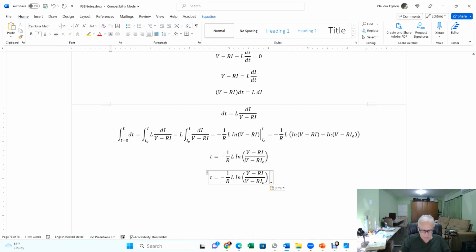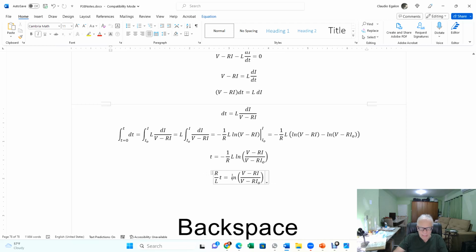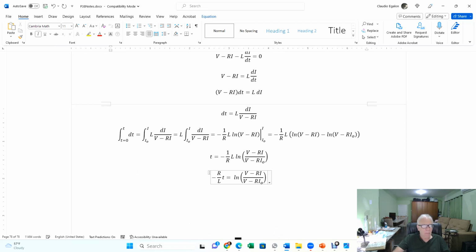We're going to pass the resistor to the other side. We're going to divide the resistor by L. I'm going to pass the negative sign to the other side. And then, I'm going to invert the log.